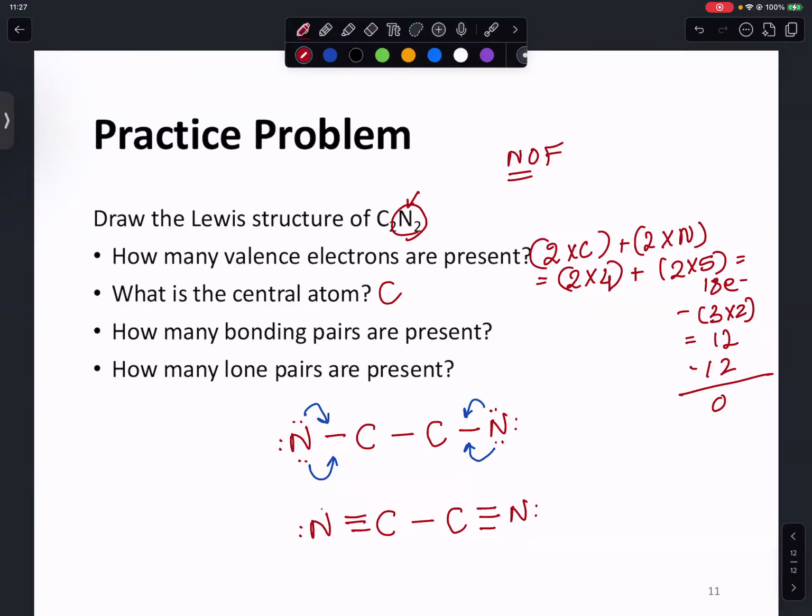I want to just make sure that now every nitrogen has only 1 lone pair. And let's double check how many electrons we have and see if we end up with 18. So 2, 4, 6, 8, 10, 12, 14, 16, and then 18. So yes.